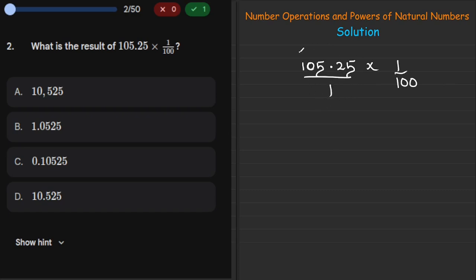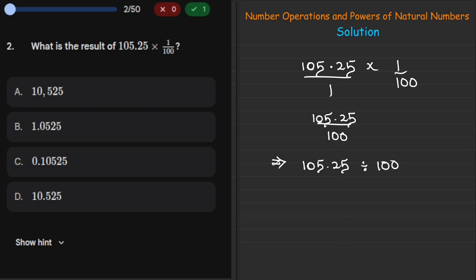If it's all over 1, then it's the numerator times the numerator, which is 105.25 times 1. That gives us 105.25. Then we have 1 over 100, which gives us 100. So indirectly, we are solving 105.25 divided by 100.